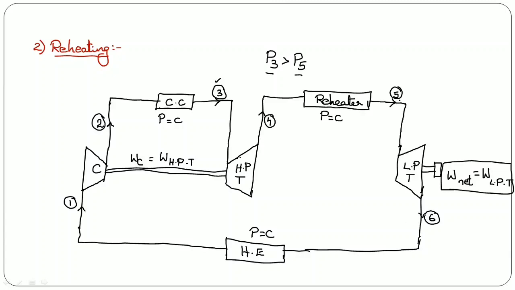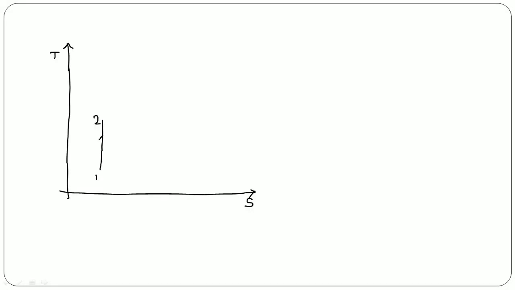Now let us draw the TS diagram here. If we draw the TS diagram in this particular case, process 1 to 2 is isentropic compression, 2 to 3 is constant pressure heat addition like this, 2 to 3.